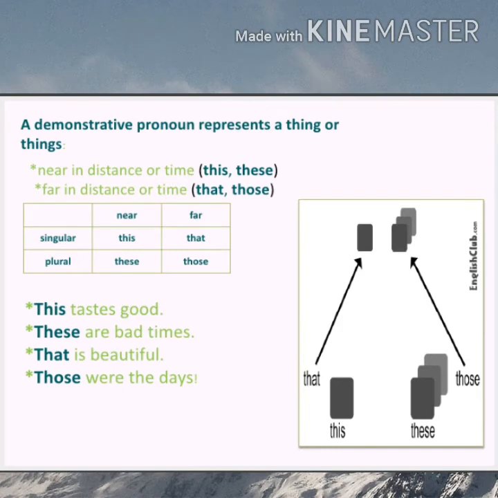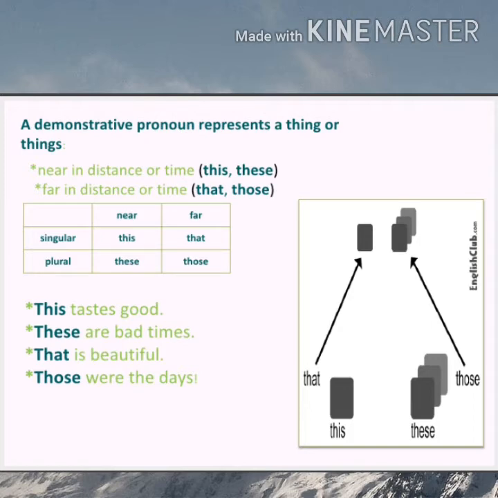A demonstrative pronoun represents a thing or things. This and these are used for near in distance or time, while that and those are used for far in distance or time.